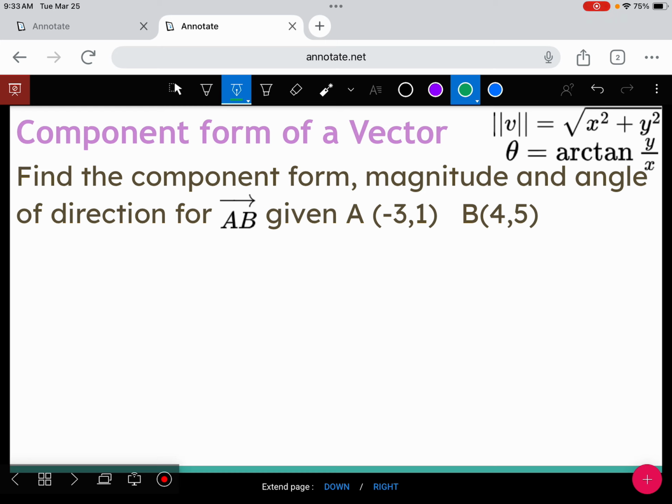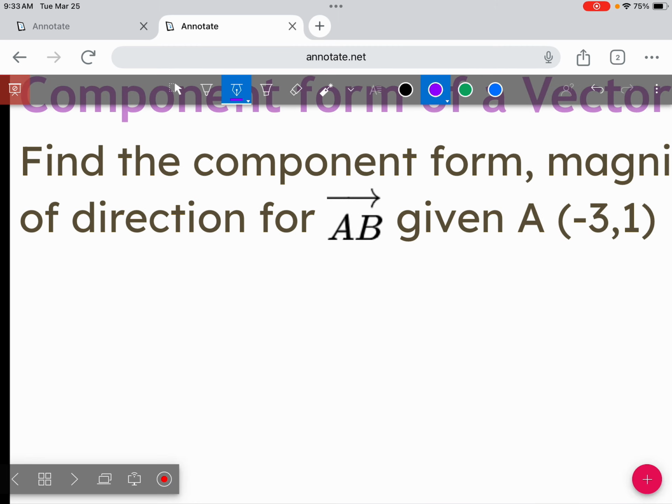We've got our initial point at negative 3, 1, and our terminal point at 4, 5. So our component form, that's going to come from the change in our x's and the change in our y's.